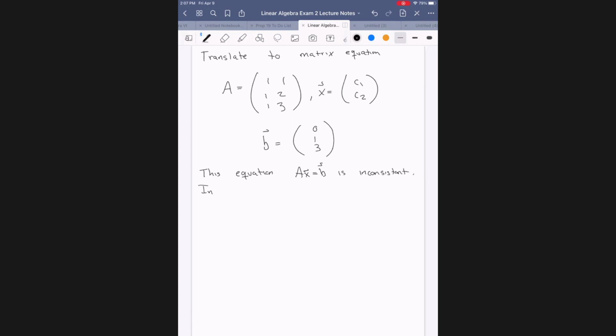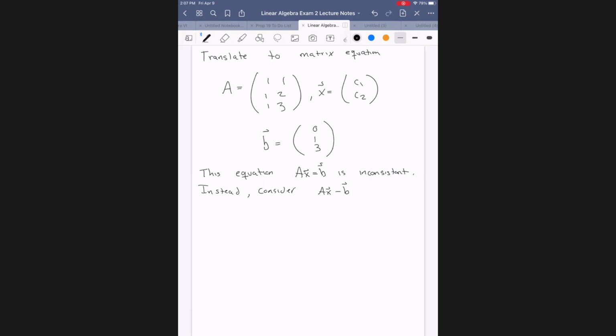Instead, what we can do is consider AX minus B, right? Obviously, if it was consistent, then AX minus B would be 0.